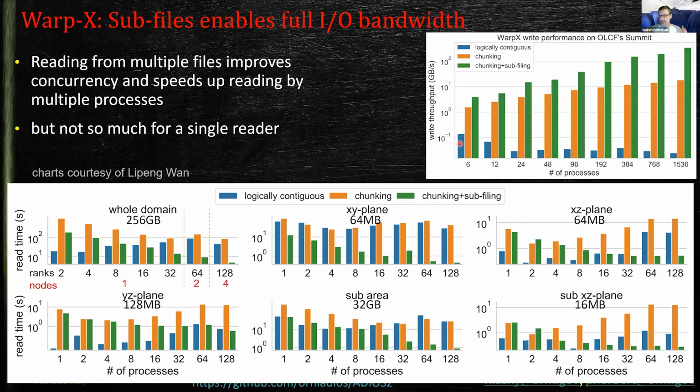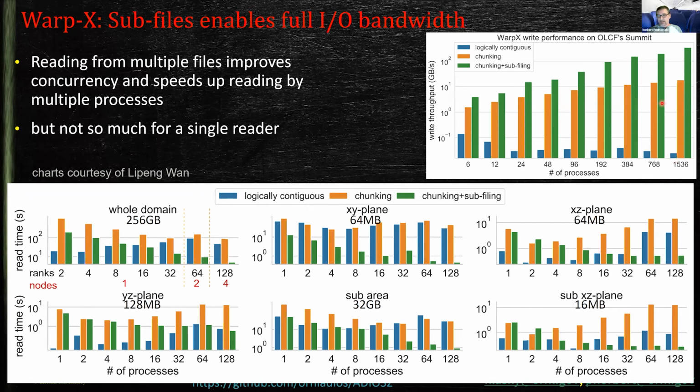We are talking about many terabytes per step and lots of processes, and the performance is just abysmal. It's impossible to write. So you only have a choice of doing chunking or using chunking plus subfiling, which is the ADIOS way of doing no reorganization with the blocks and using subfiles and aggregation.